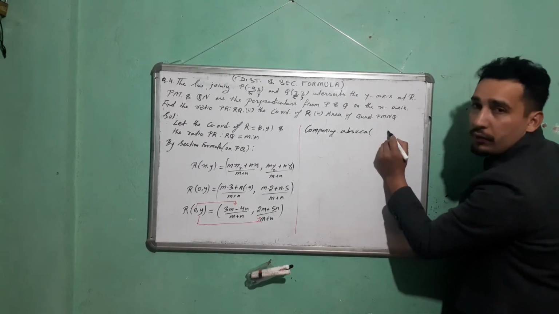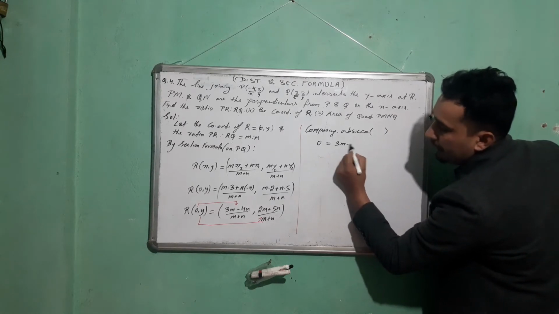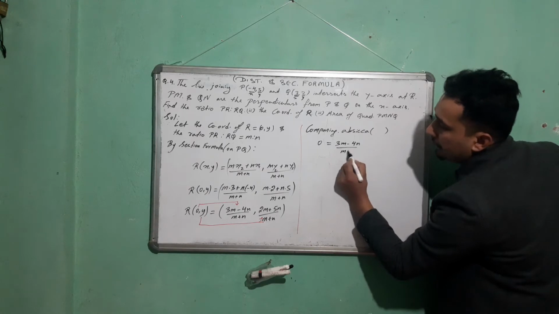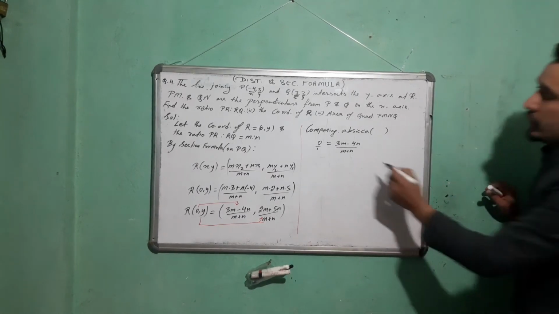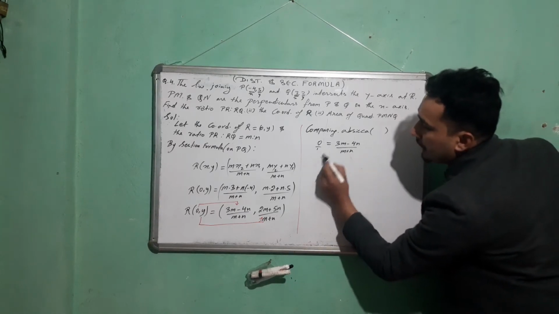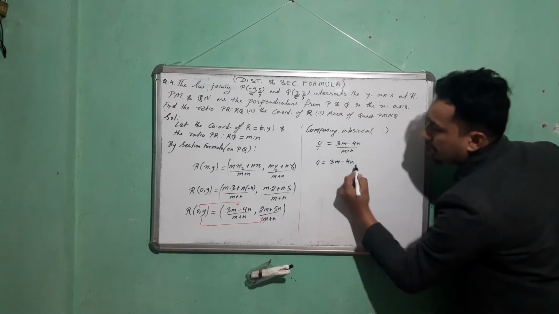Abscissa means value of x. Write it properly. So 0 is equals to 3m minus 4n divided by m plus n. Below this you have 1. Just cross multiply: 0 into m plus 1 will be 0, equals to 3m minus 4n.